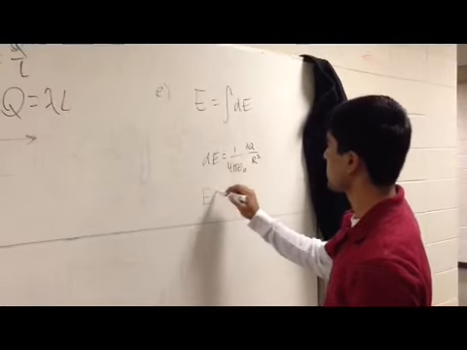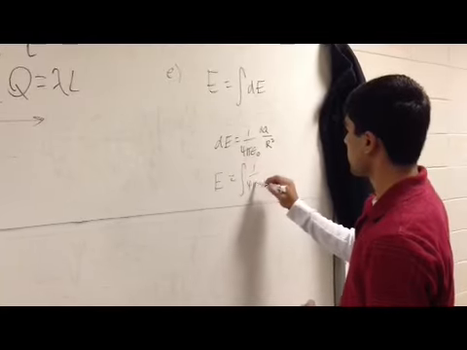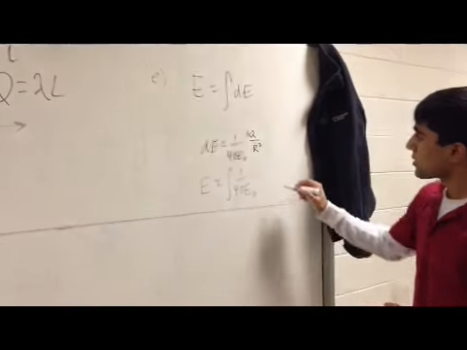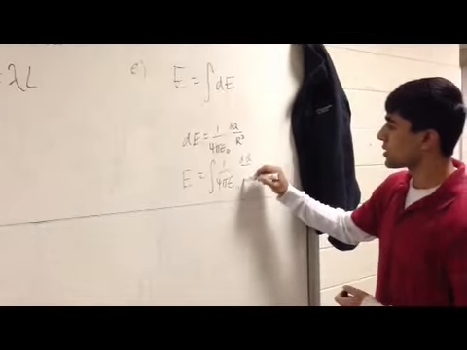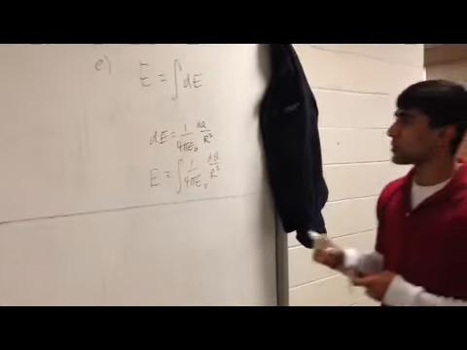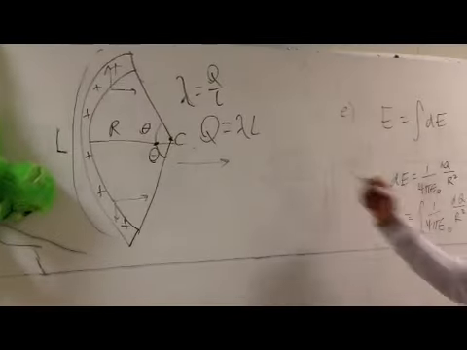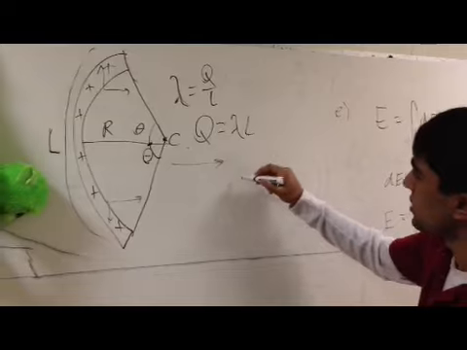E equals integral of 1 over 4 pi epsilon naught dq over r squared. And now we have to use this relation again, using the charge density. So let's just do it here.